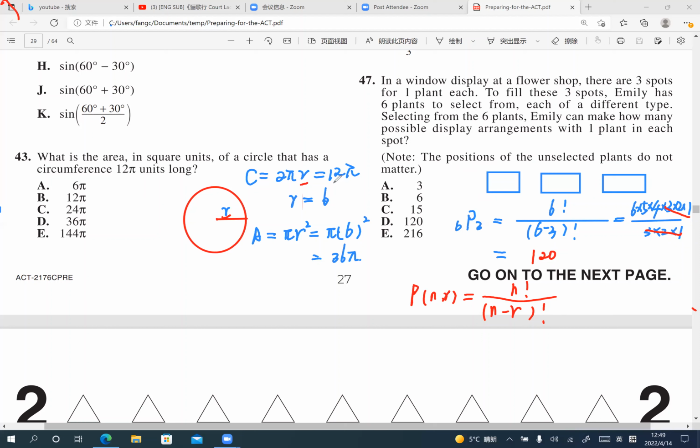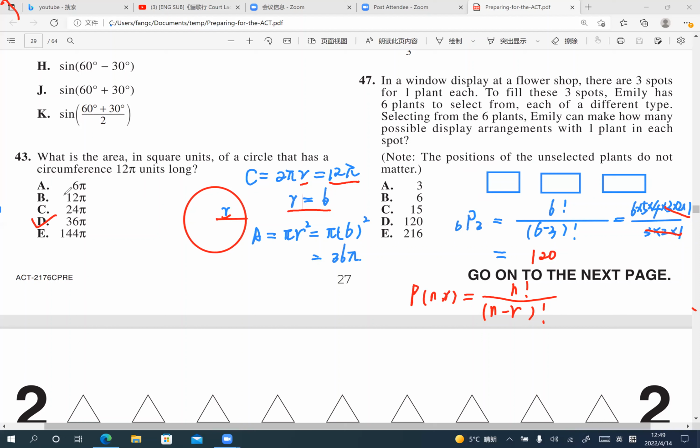And from the given information, the circumference of the circle is 12 pi. Therefore, r should be equal to 6. The area of a circle equals pi r squared, equals pi times 6 squared, which equals 36 pi. So we should choose option D.